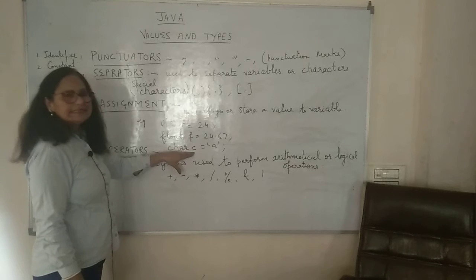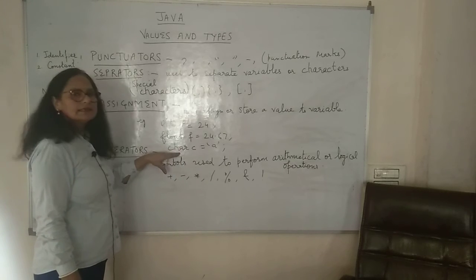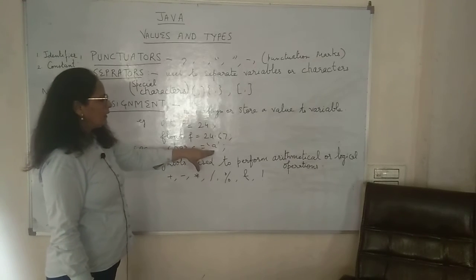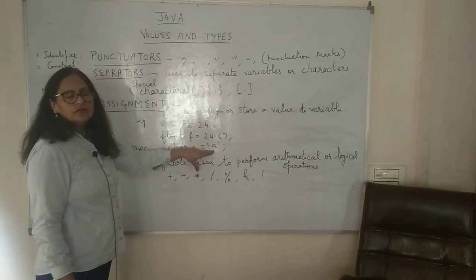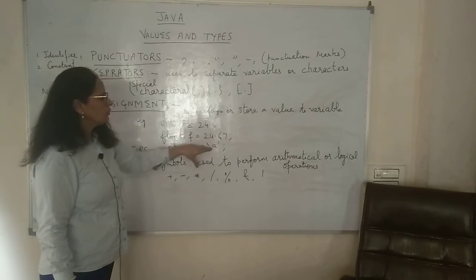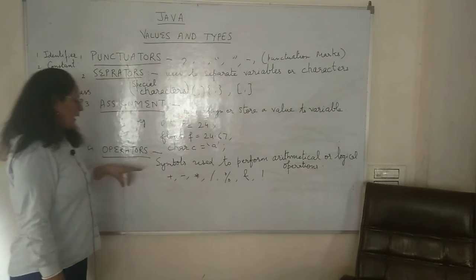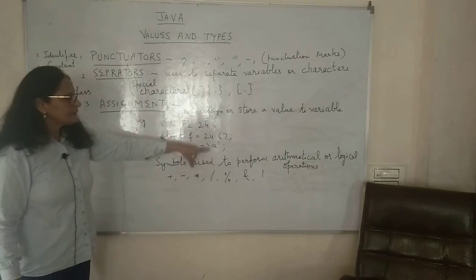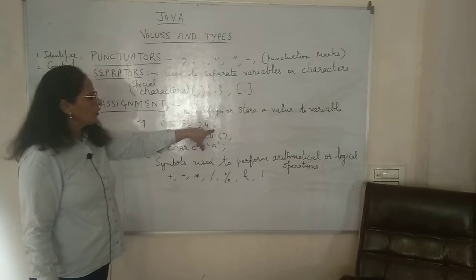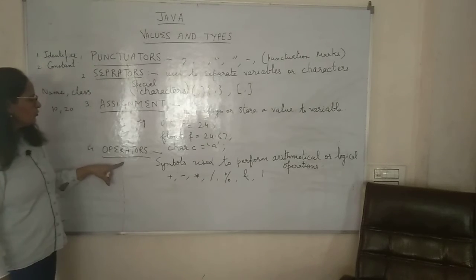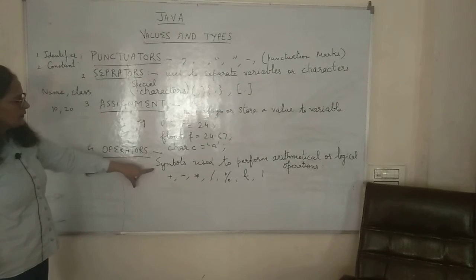Here c is the variable, char is the character data type, and 'a' is the value, and you all know that value of character always gets enclosed in the single quotes, and all these statements are suffixed by the semicolon.